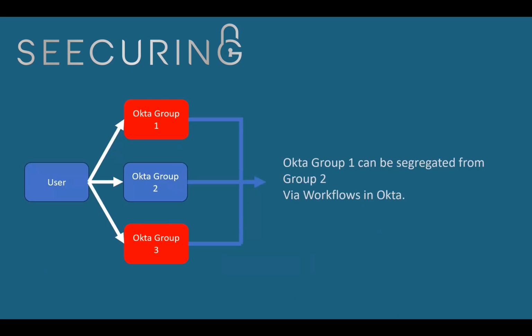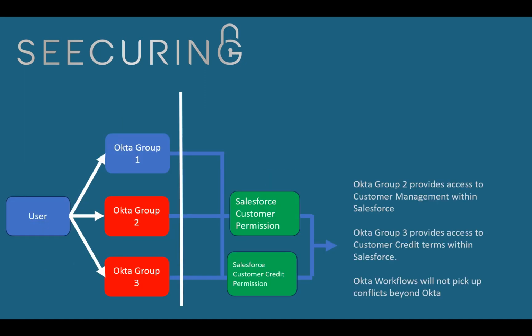So if I go back, like I say, in our previous rule, we were just looking for Okta Group 1 versus Okta Group 3, but actually we need to be looking at Group 2 and Group 3 as a line of separation. And without understanding the entitlements, the permissions that are granted with that provisioning, our SOD within Okta is not going to be effective.